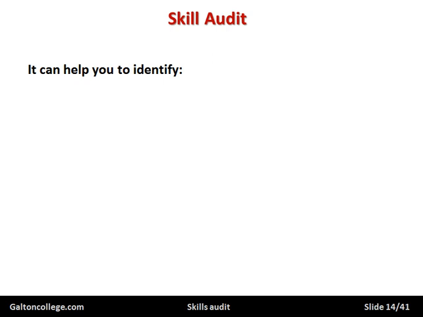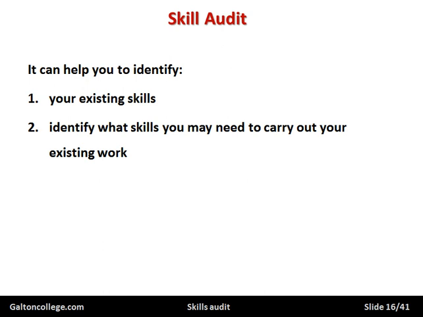Now, the skill audit can help you to identify your existing skills and identify what skills you may need to carry out your existing work. So at the most basic level, it appraises your existing skills. It looks at your existing skills, your capacity to work efficiently and effectively within the work environment in which you find yourself.